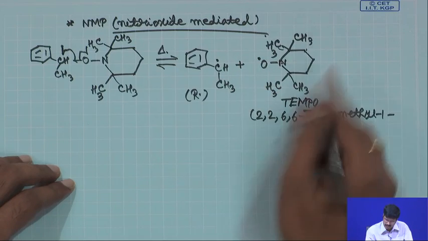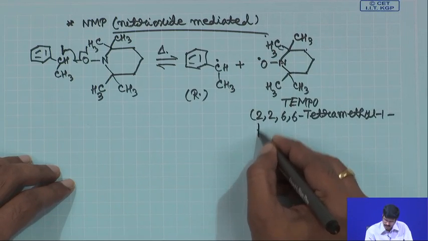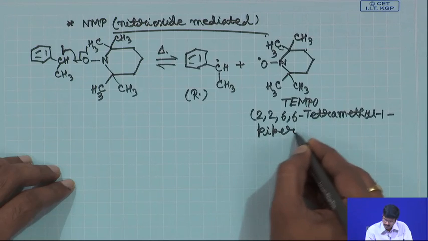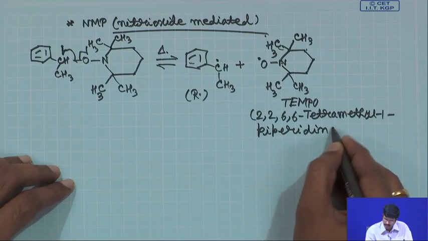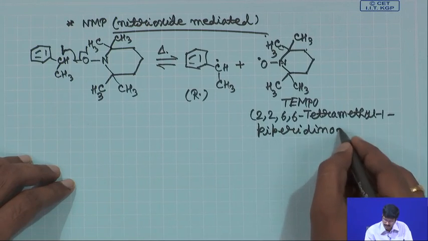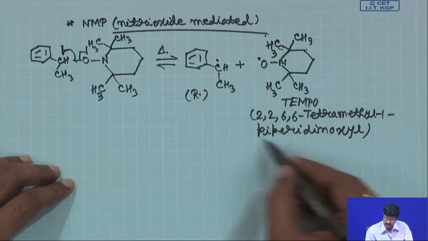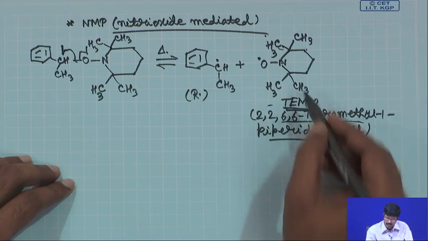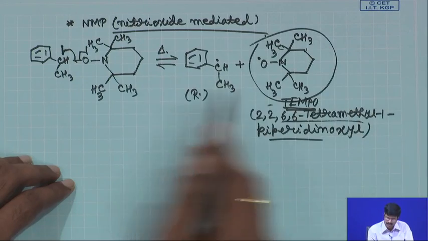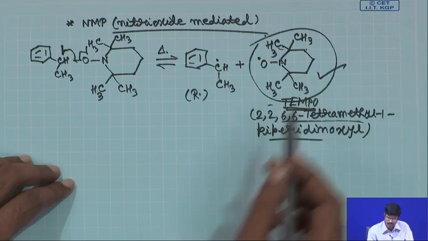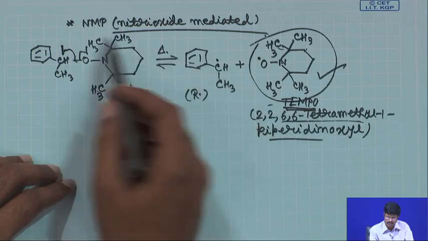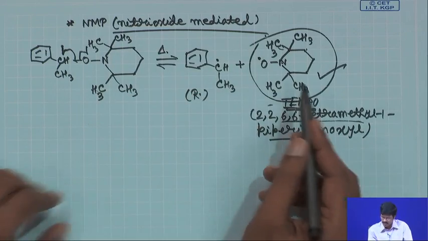So, this is a piperidine moiety, piperidinoxyl. So, this is the name. So, this is TEMPO. So, this is a stable radical. In many situations you will see that this TEMPO is used as the persistent radical for nitroxide mediated polymerization.